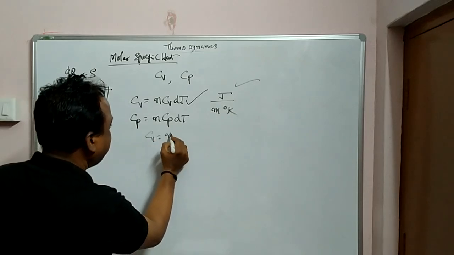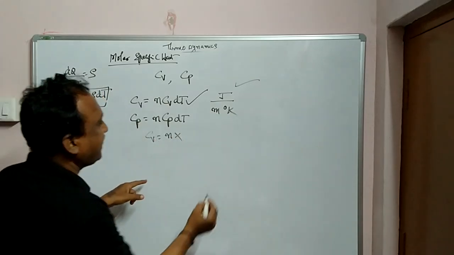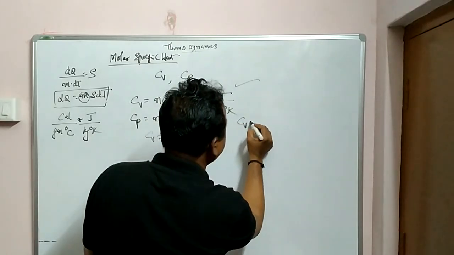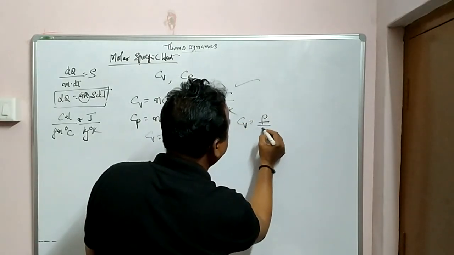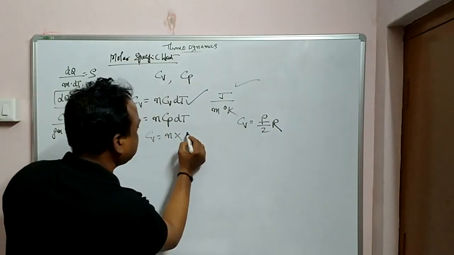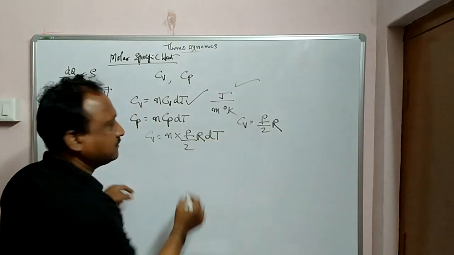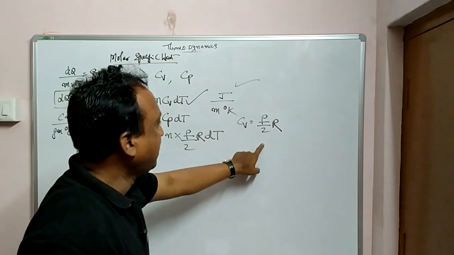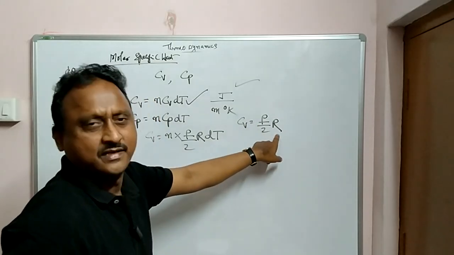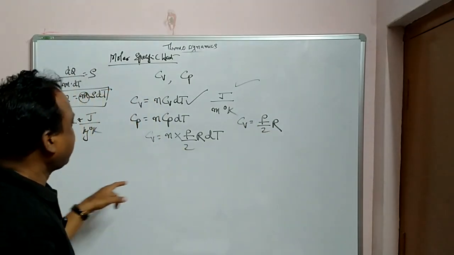Please see, n into what is Cv in terms of degree of freedom? F by 2 into R. In terms of degree of freedom, F is degree of freedom, R is gas constant. So I can write like this.